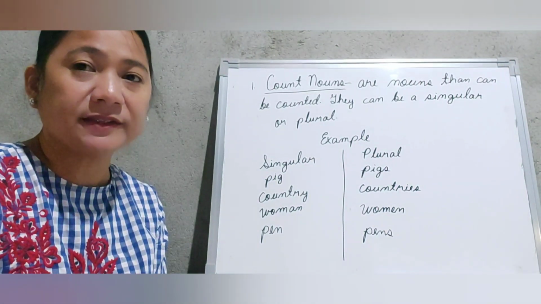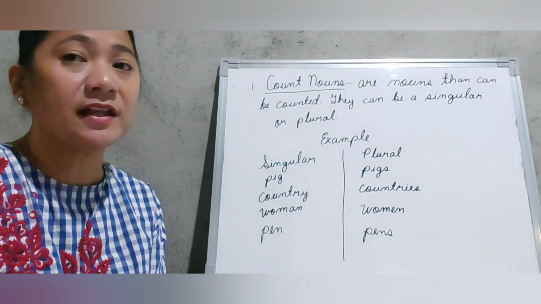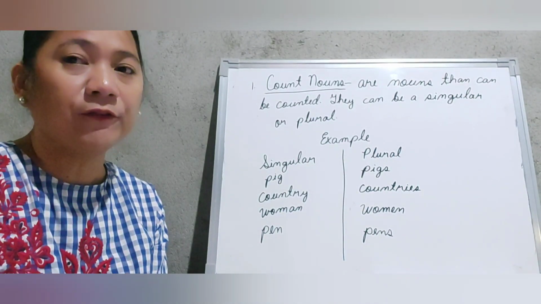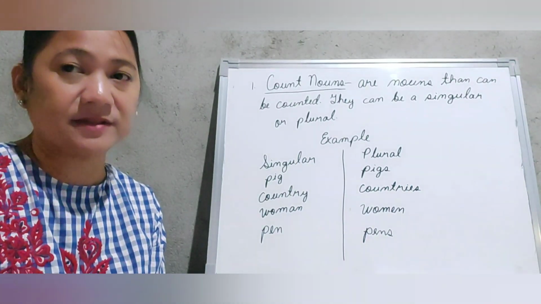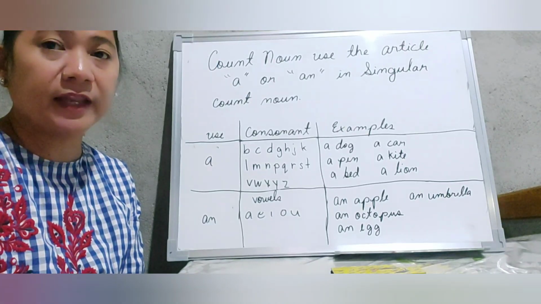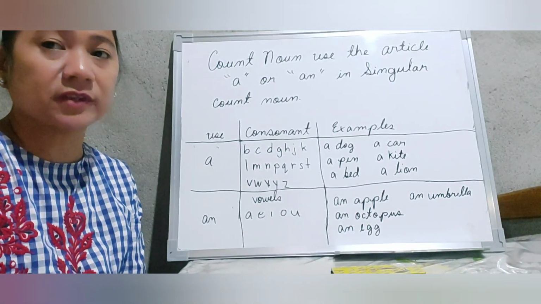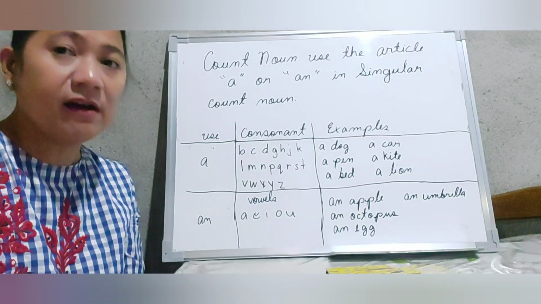Aside from the fact that they are examples of count nouns that can be written in singular or plural form, we should also know how to use them in a sentence. A count noun uses the article a or an in a singular count noun. So, when do we use the article a?